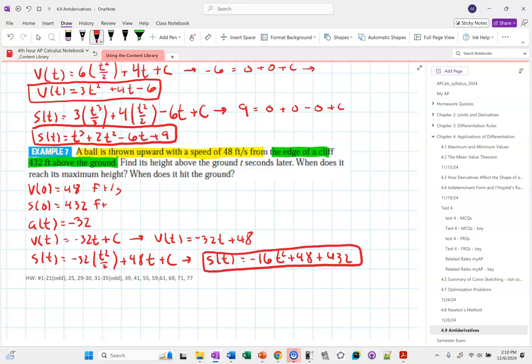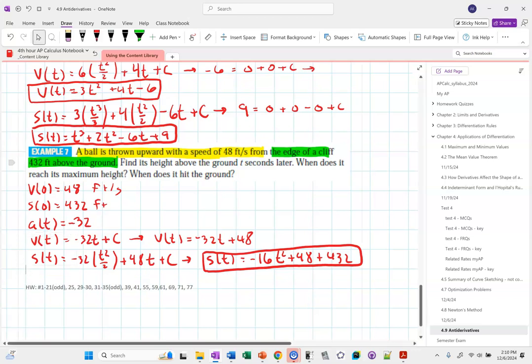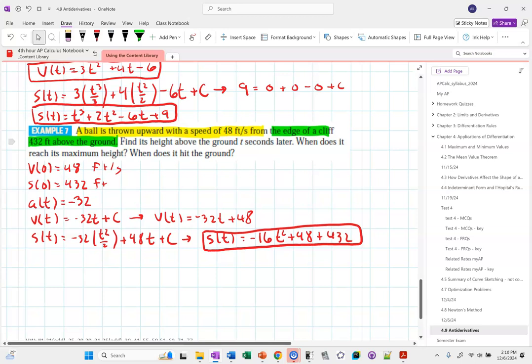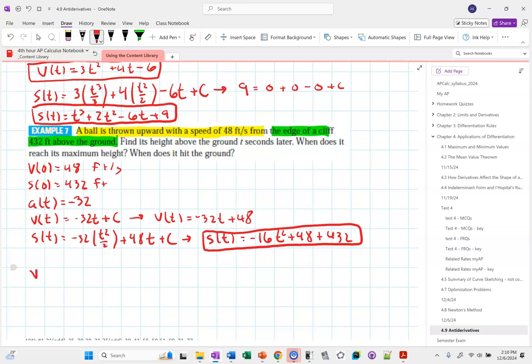What else does it ask? When does it reach its maximum height? How do I find that? I'm going to take my first derivative, which is velocity, and set it equal to 0.